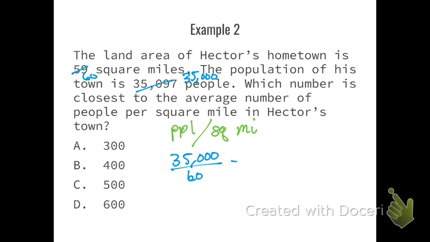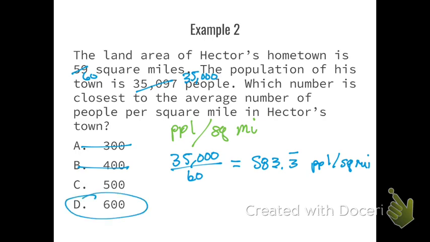And then if we simplify this, use your calculator, that's 583.3 repeating people per square mile. If this were a free response question, that would be fine. We could leave our answer like this. Since this is multiple choice, we're going to pick the value that's closest to this. Our answer here is between 500 and 600, and 583.3 repeating is closer to 600 than it is to 500.